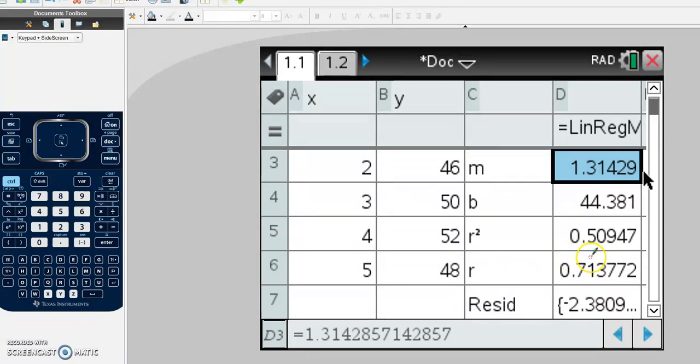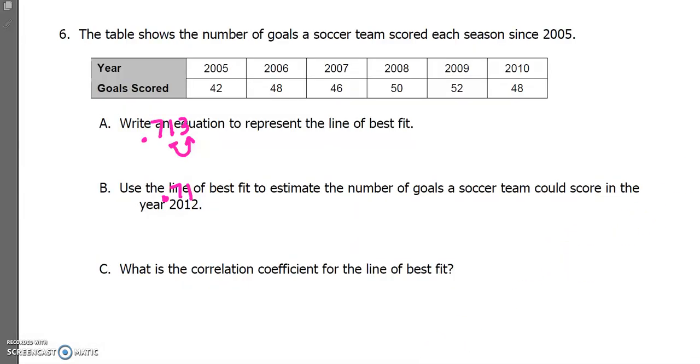So right here, we have 0.713, and remember, I want to the second place, so I'm going to look at the third number. That is less than 5, so I'm not rounding up. It's going to stay as 0.71. So we flip back over. So my answer here is going to be 0.71 for 6C.